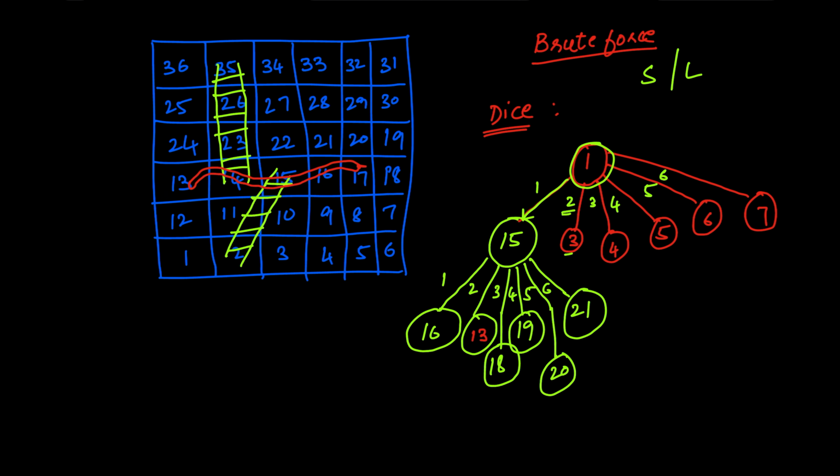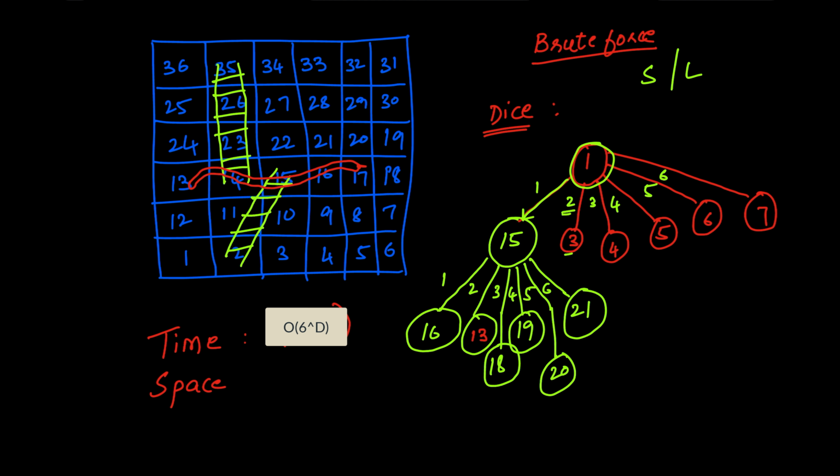I will repeat the same cycle of identifying the next leg, that is rolling the dice a second time, from the cells that I reached on the first roll. This process will continue until I reach 36, that is the last element. And as we are building this graph, we will also be maintaining the number of dice rolls needed to reach the destination, that is the last cell. This is because we want to return the minimum number of dice rolls needed to reach the last square.